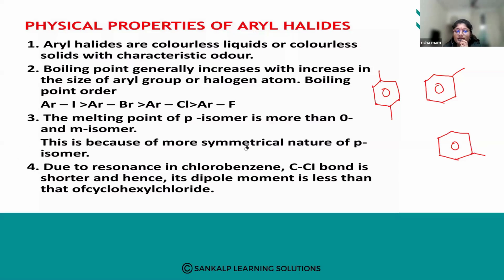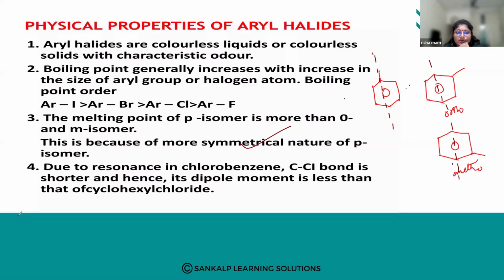The melting point of para is more than the ortho and the meta. What is the reason? It is due to symmetry. If I put a plane of symmetry here, it is the same. Here there is no plane of symmetry, right? Because of the more symmetrical nature of para isomer, it has a higher melting point. Then your ortho and meta.